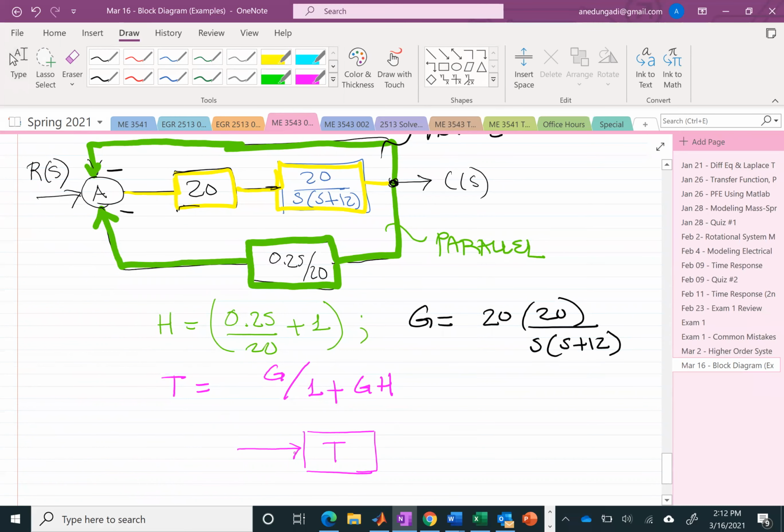After all of this, what is the input exactly? R of S, correct? And what is the output? Correct? Sam and Tony, thank you. Very good. Output, Sam is correct, C of S. There you go. Exactly right. Is that clear to everyone?